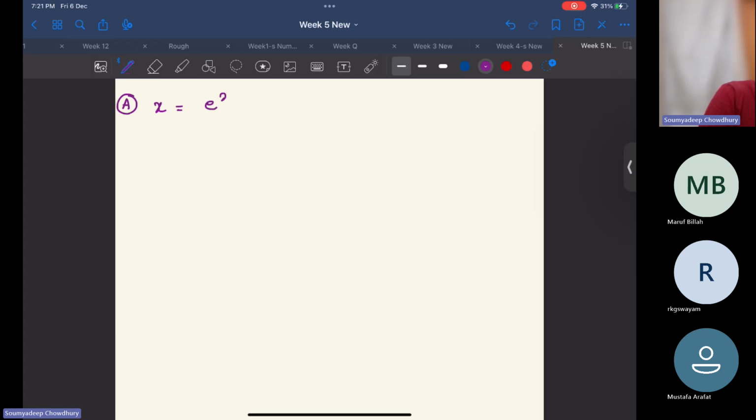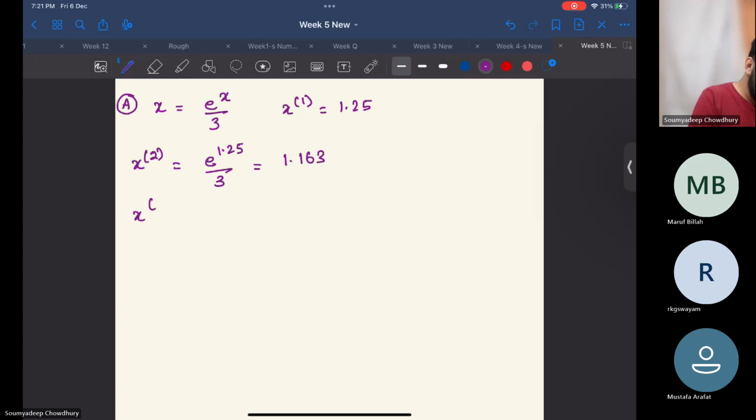That is x equals e power x by 3. So x of 1 is given to me as 1.25. From this we can find x of 2, which is e power 1.25 by 3, which will give you 1.163. x of 3 equals e power x of 2 by 3, which will give you 1.066.